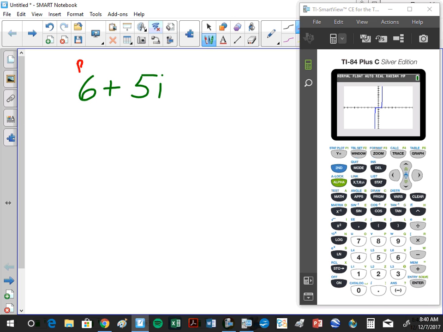This number is real, and this number is imaginary, and they don't mix. It's kind of like 6 plus 5x. They're not like terms. You can't put them together. And anytime you have a real number added or subtracted with an imaginary number, we call this a complex number.